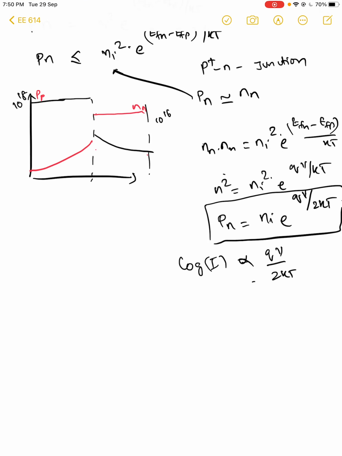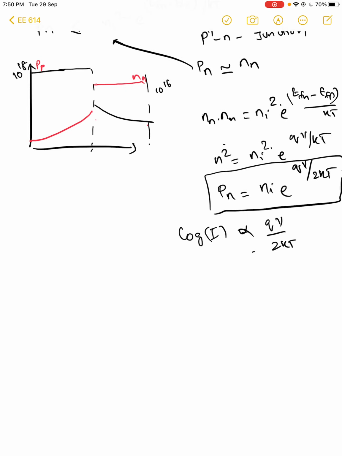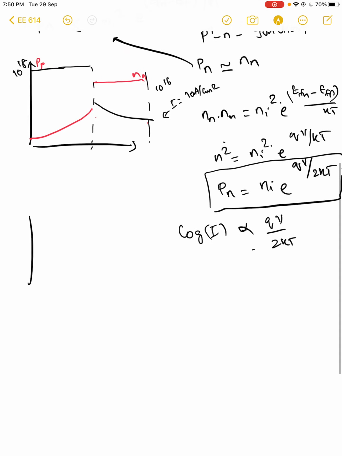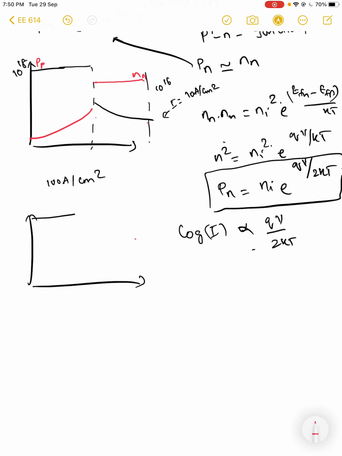Now let us draw the carrier concentration under high bias conditions. Let us say this is an example where the current is about 10 amps per centimeter square. Now the carrier densities for a high injection, let us take for about 100 amps per centimeter square. The same heavily doped P remains almost constant, right? But the lightly doped N at the far end should still be Nn, right?